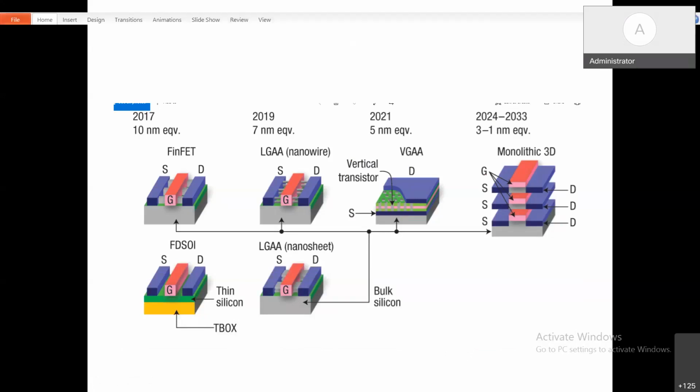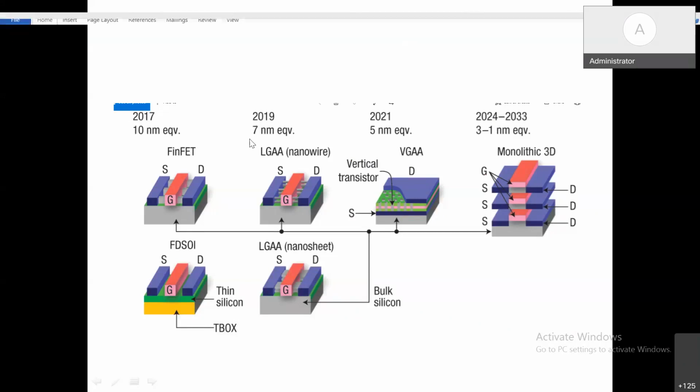I want you to go through this slide, because the projection on the next slide is based on it. This slide gives you a view of the year at which these transistors were released. In 2017, a 10 nanometer equivalent FinFET was released.